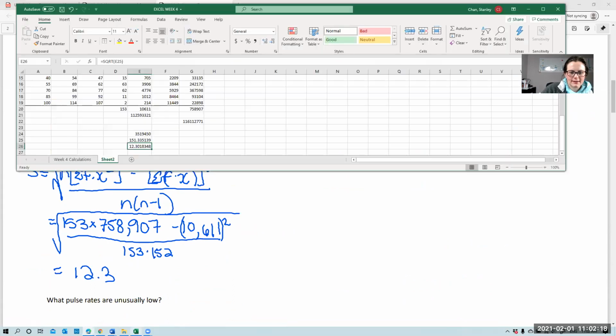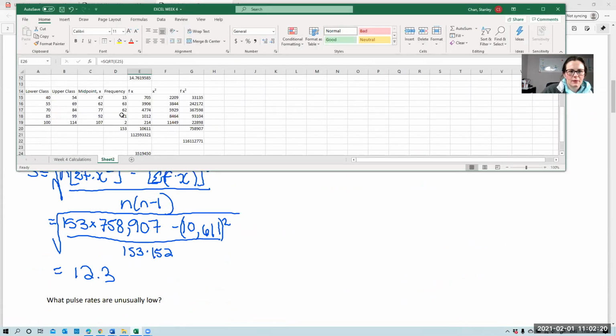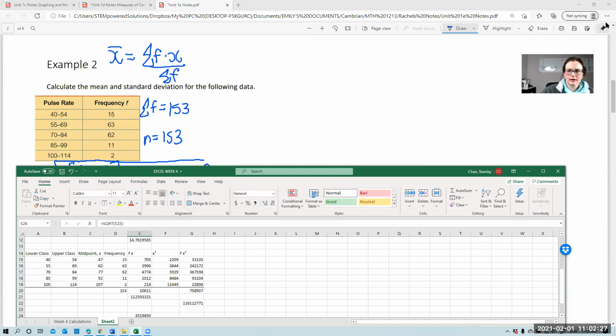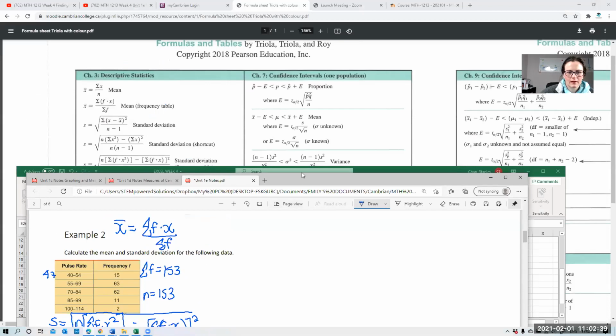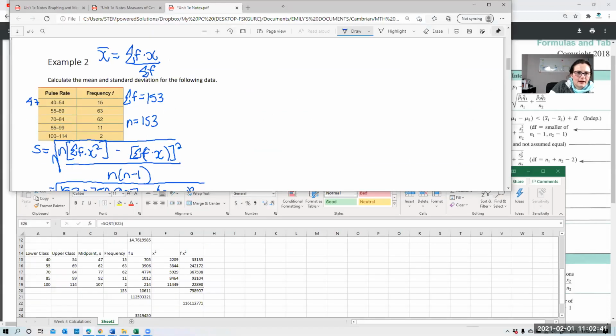Fortunately, again, using Excel, we know what our midpoints are. Our midpoints are 47, 62, 77, 92, and 107.